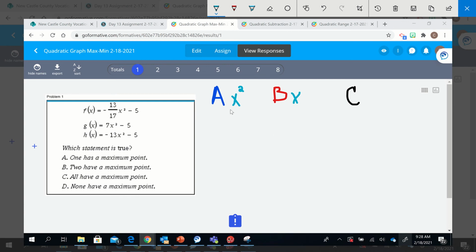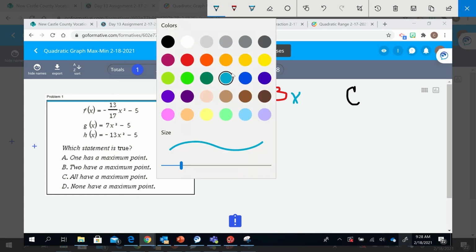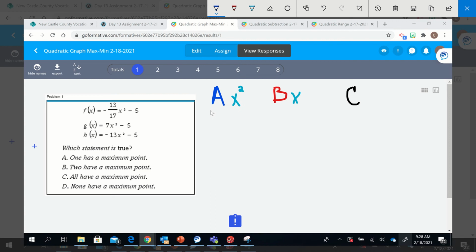So to determine max and min, we need the A value. We need to look for the number in front of x squared. So if the number in front of x squared is negative, so let's say A is negative, then it has a maximum.